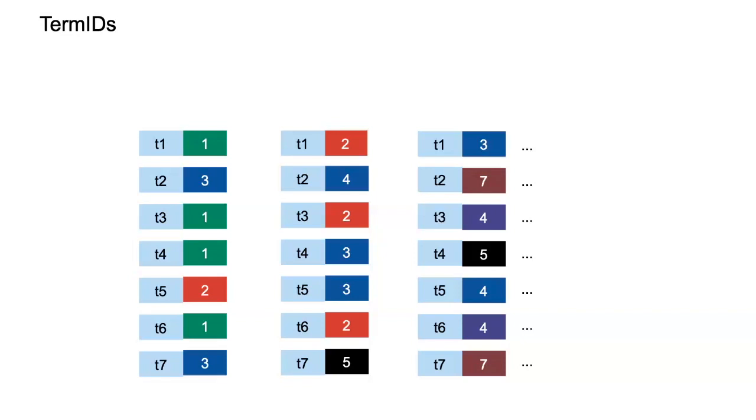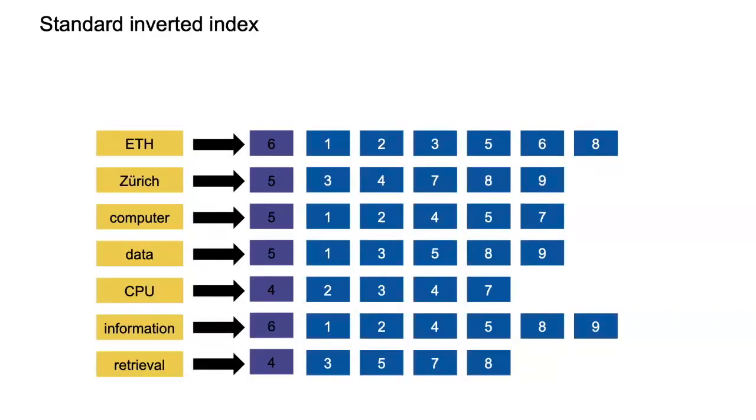We call that pair a posting, and it means that the term appears in the document. After you have built the index, you no longer see the pairs, because on every row these are all the same term, so you don't repeat the term every time. All you have is the document IDs, and the term is only once on the left. But in fact, these are postings.